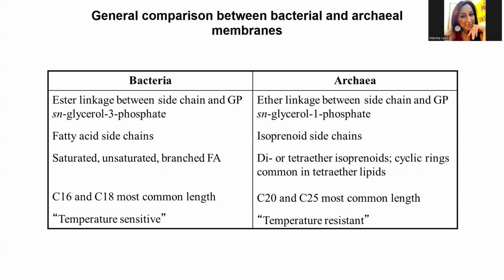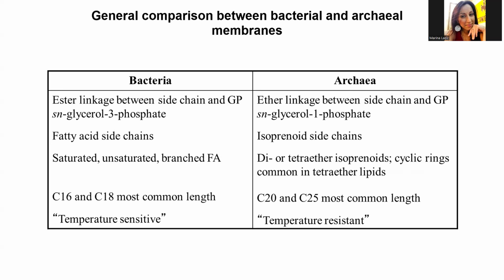Now, these are the main differences between bacteria and archaea. Again, I'm not putting eukaryotes here because we are not talking about eukaryotes, but the general comparison is in this table, and this is something that I quite insist people know. In bacteria, you will see ester linkage between side chains and glycerol phosphate, and you will see fatty acid side chains. In archaea, you will see 1-phosphate, and you will see isoprene side chains.